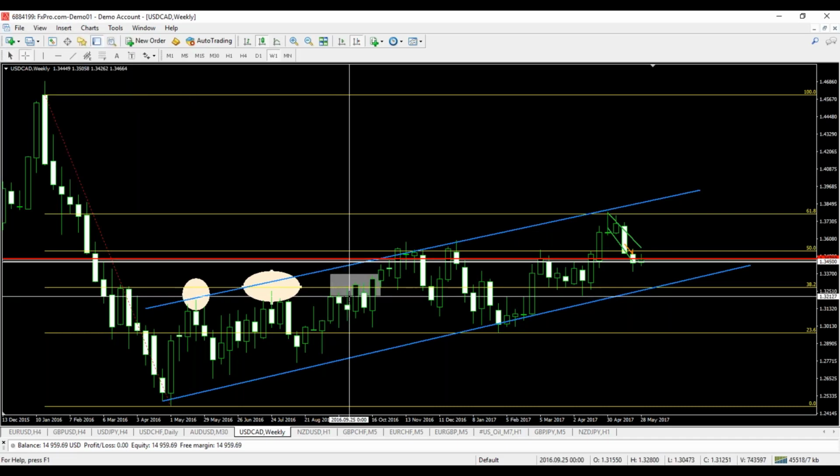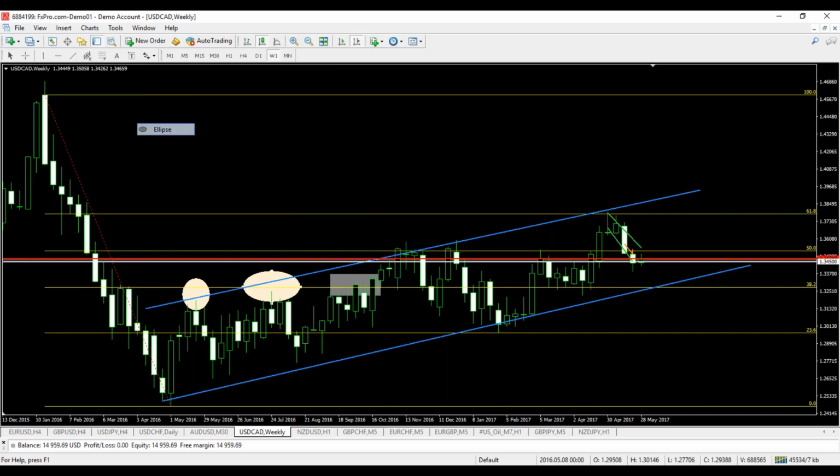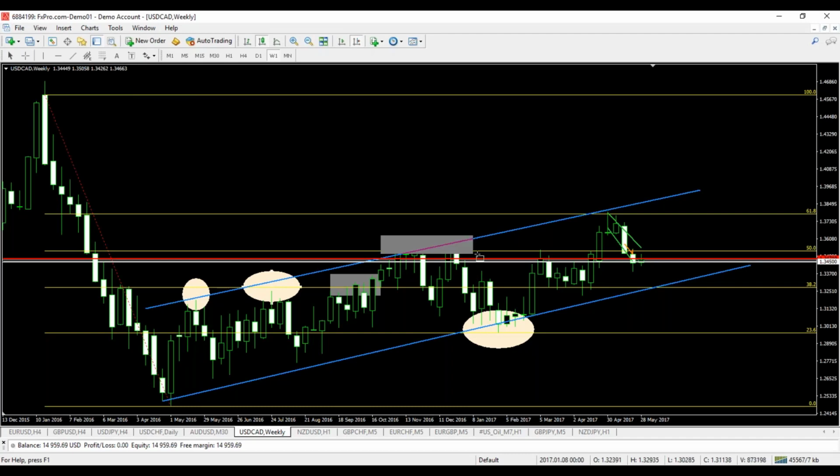Then after testing this for a few weeks, the price broke in bullish direction. And then it tested the 23.6 Fibonacci level as a support. Here it is. Then it reached the 50% Fibonacci level as a resistance, a few times by the way. This is the reason I'm going to mark this with a rectangle over here.